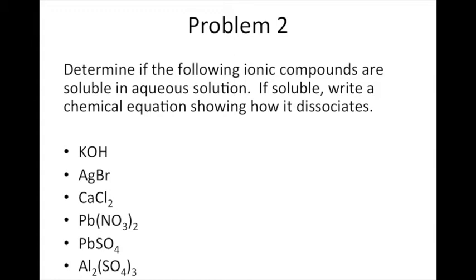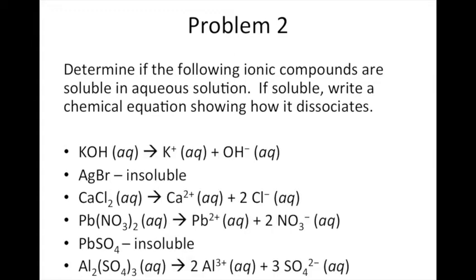Okay, so let's take a look at this. Potassium hydroxide is soluble, and we get 1 potassium ion plus 1 hydroxide ion for every 1 mole of potassium hydroxide. Silver bromide is insoluble, so we can't write a dissociation equation because it doesn't dissociate. Calcium chloride, 1 mole of calcium chloride in water will give us 1 mole of calcium ions and 2 chloride ions.